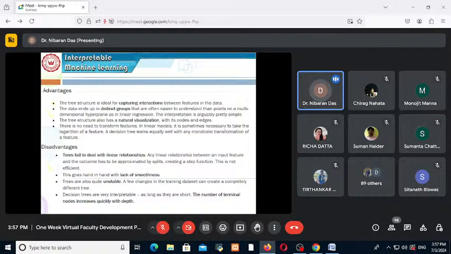Trees are also quite unstable because a few changes in the training data set can create a completely different tree. But decision trees are very interpretable as long as they are short. The number of terminal nodes increases quickly with depth, so the complexity will be higher and interpretability will be lower in that case. So any question here?